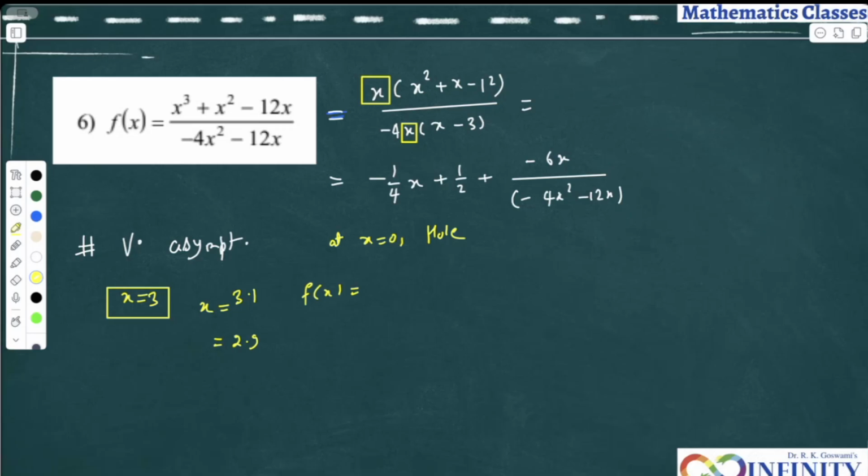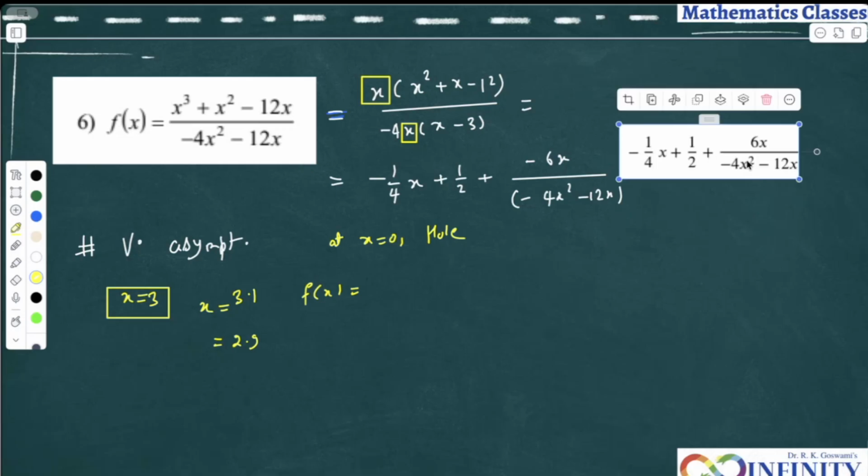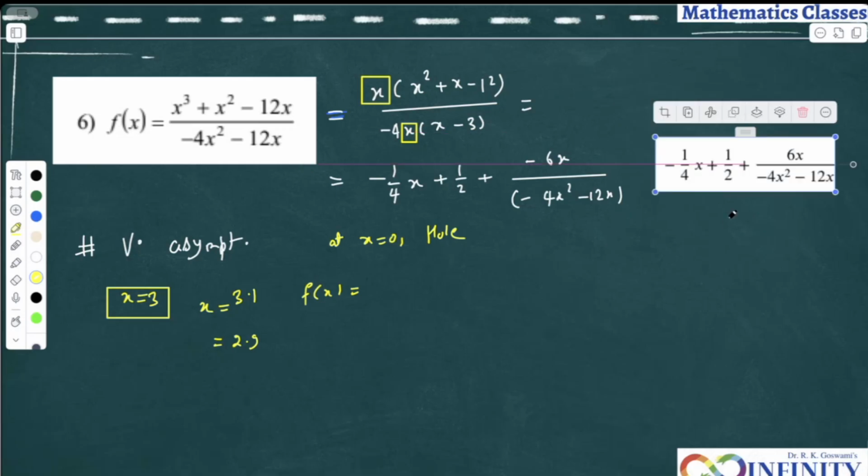For 2.9, I got negative, and for 3.1, I got negative again. Both the values are negative.